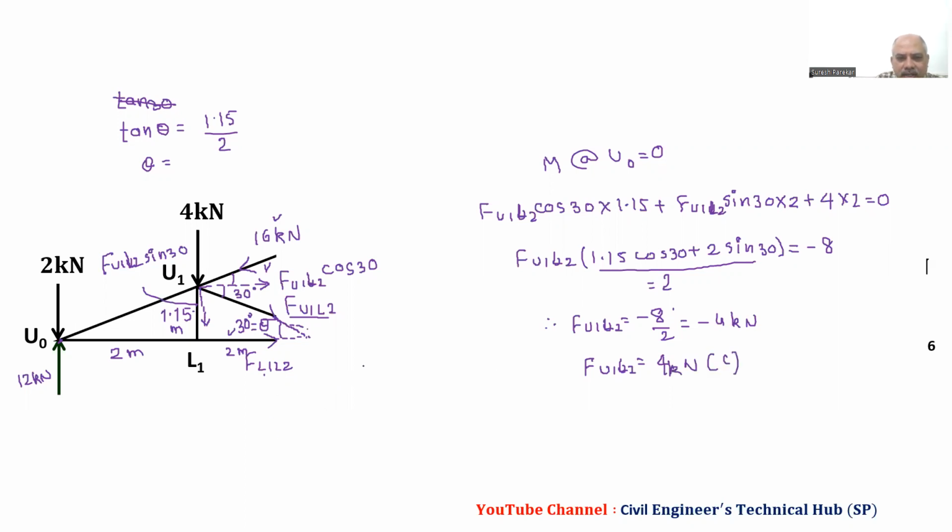Now in this you can use summation Fy equal to 0. Then we have 12 minus 2 minus 4, then minus 16 sin 30, and then minus F U1 L2 sin 30 equal to 0. Now you can see this becomes 8. So we have 8, 4, 12, 2, 14, and this 12.